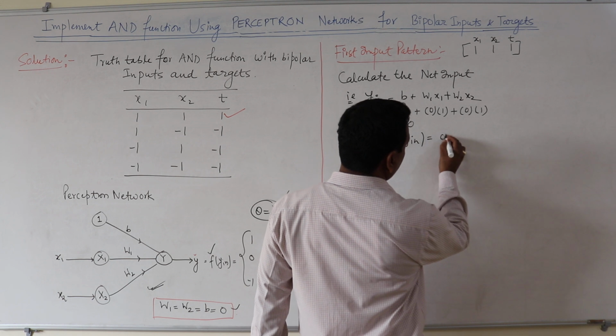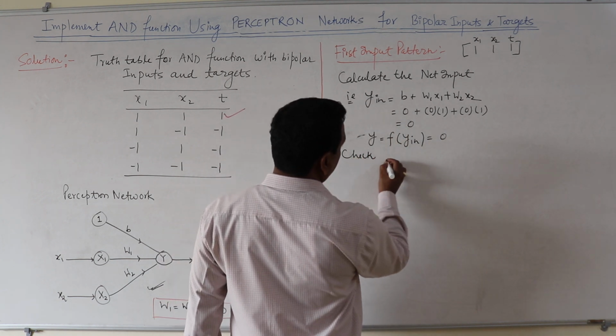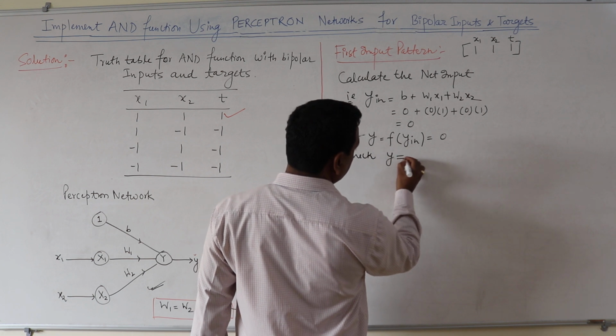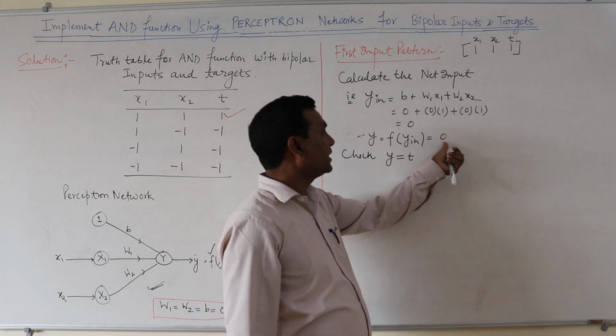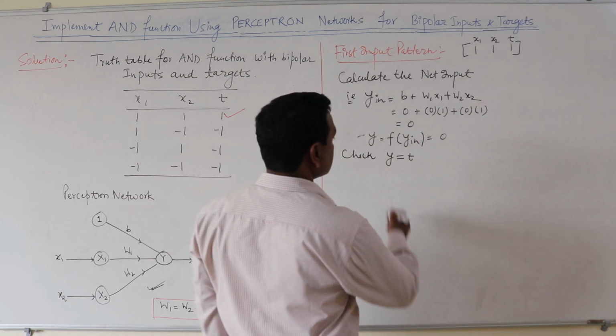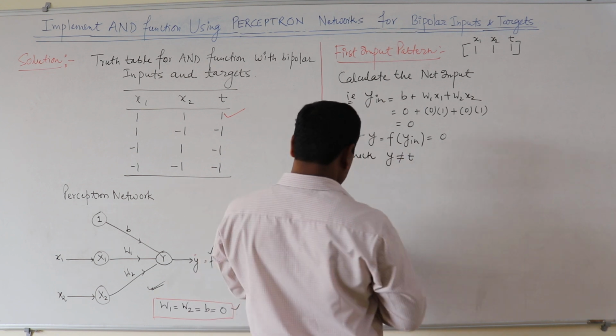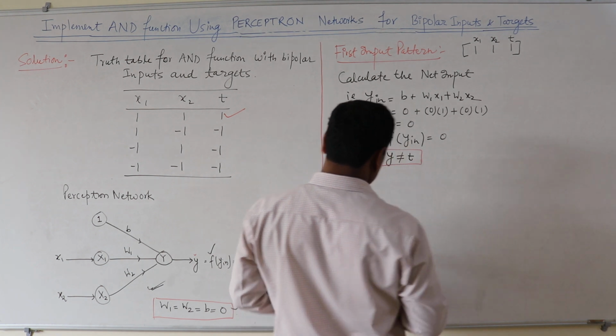So it comes out to be 0. Now check whether this y equals t or not. So we will check, this is y 0 and the target is 1. It means this is not equivalent.